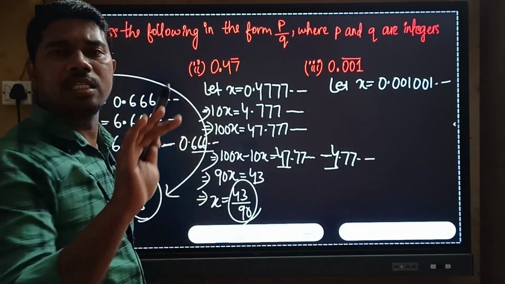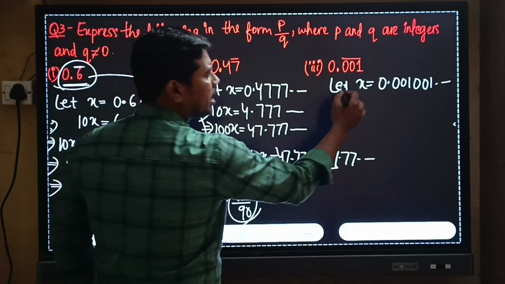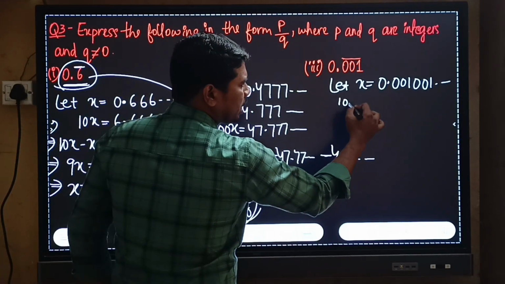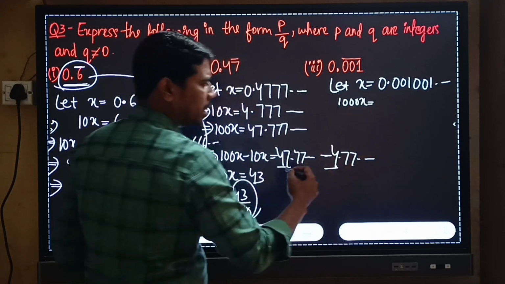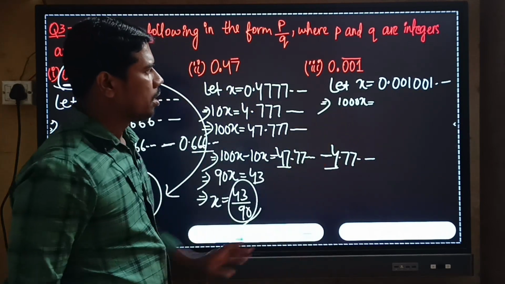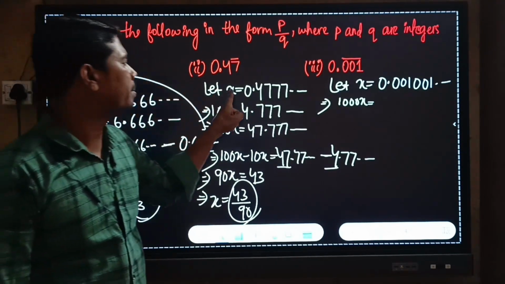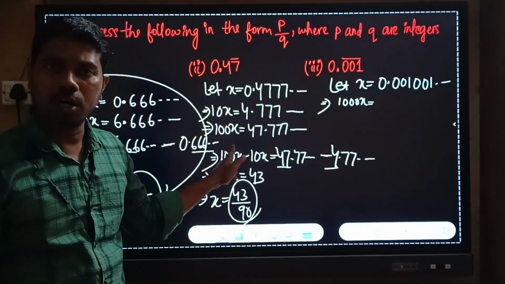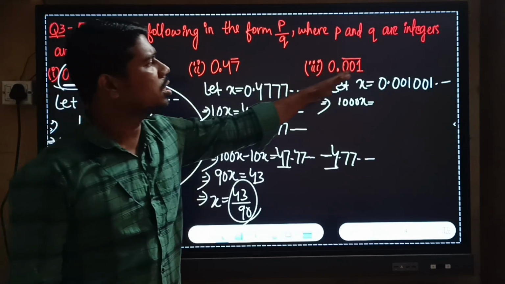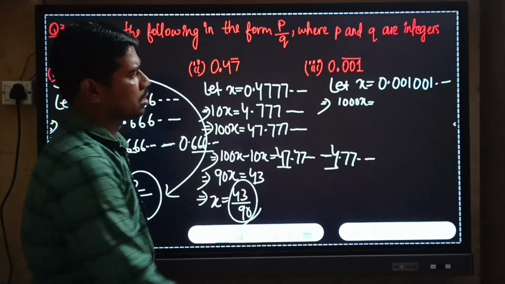Bar on 3 digits means directly you can take 1000x. Why should you take 1000x? Because here the bar is on a single digit, so I took x, after that 10x, after that 100x like this. So bar on 3 digits means directly you can take 1000x.